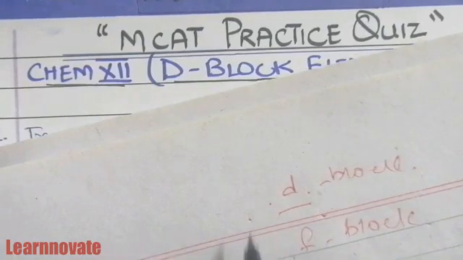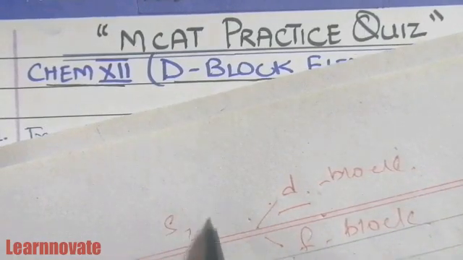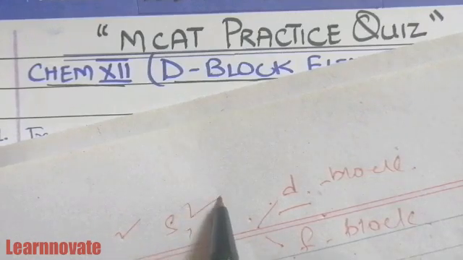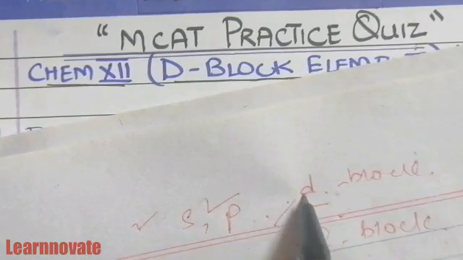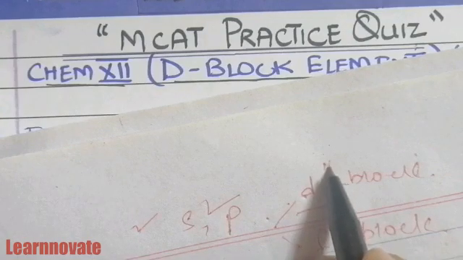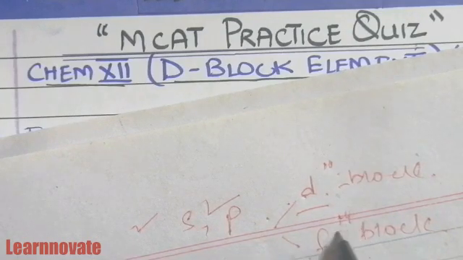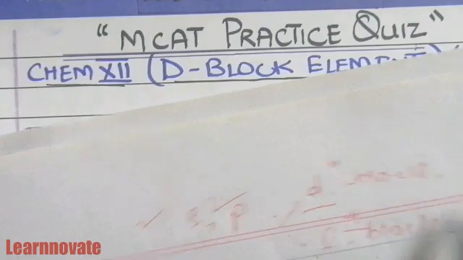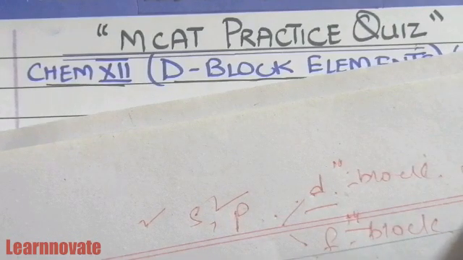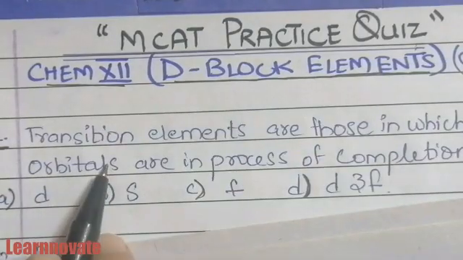Before the D block there are the S and P blocks, which are almost completely filled, and then there is the option for D block filling up to 10 electrons, and after that the option for F block filling up to 14 electrons. So these two orbitals are in the process of filling for the transition elements.